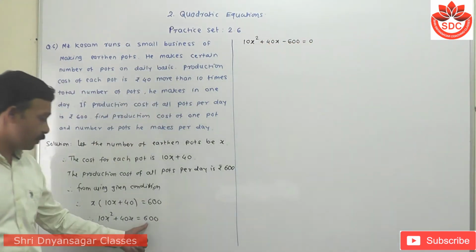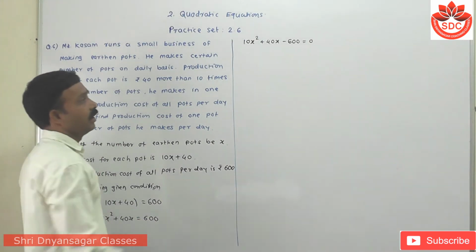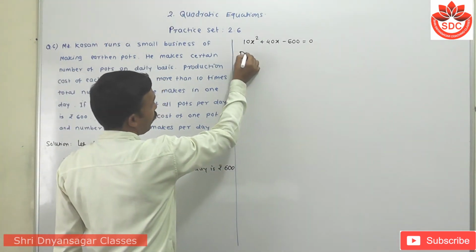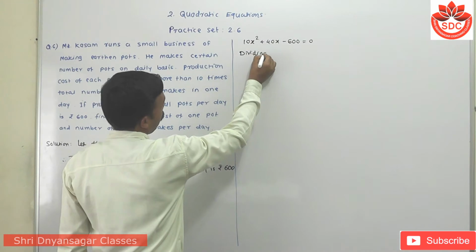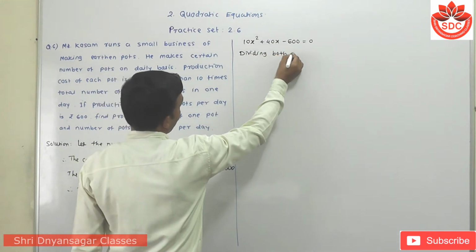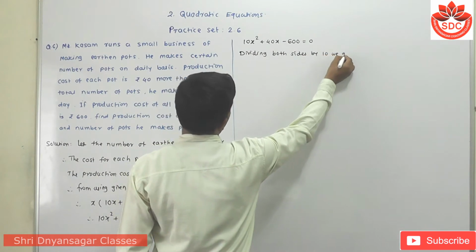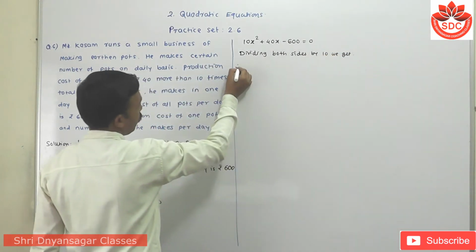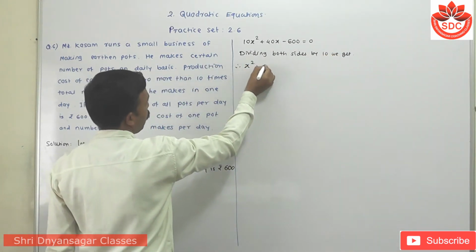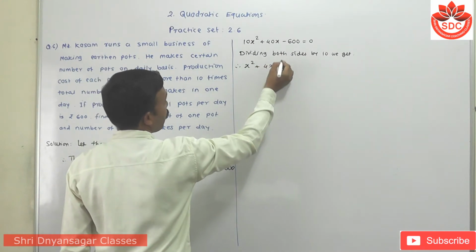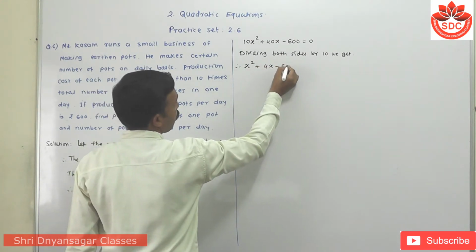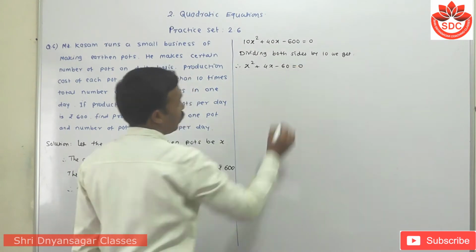Look carefully, this plus transposed here becomes minus. Then dividing both sides by 10, this is a reducible equation. Therefore, x square plus 4x minus 60 is equal to 0.